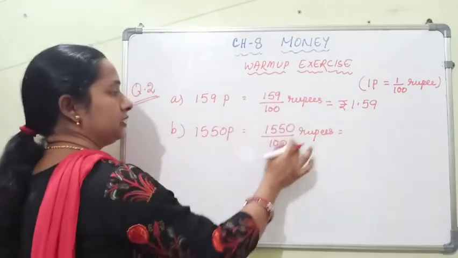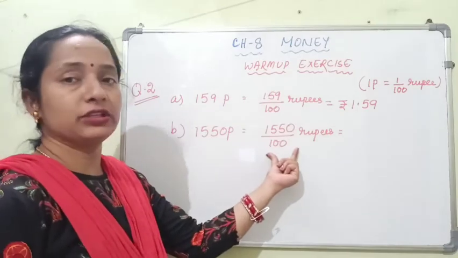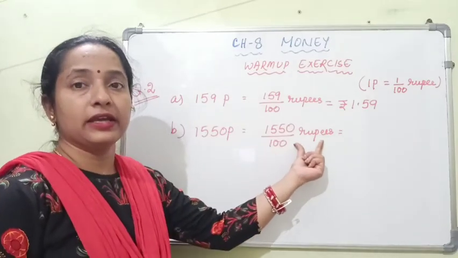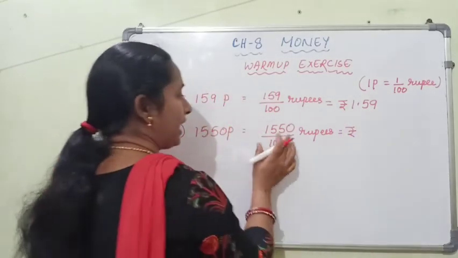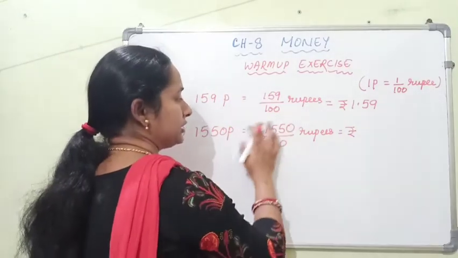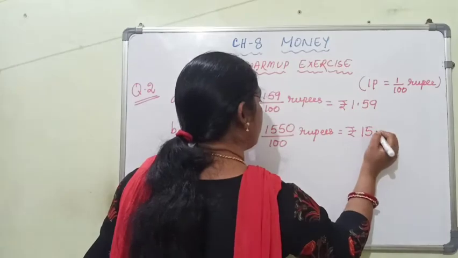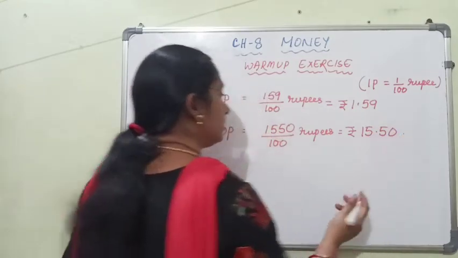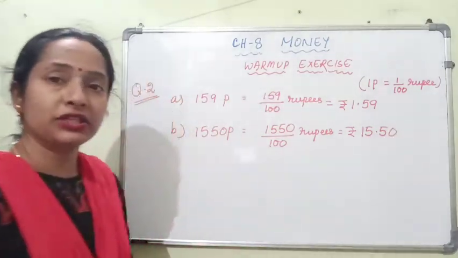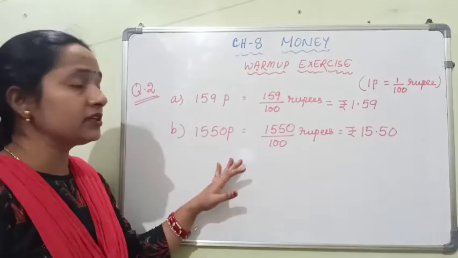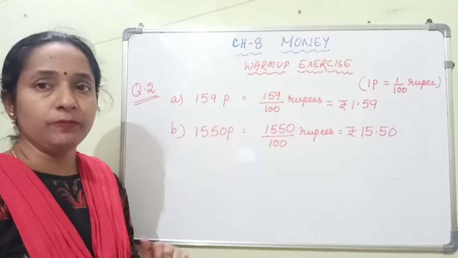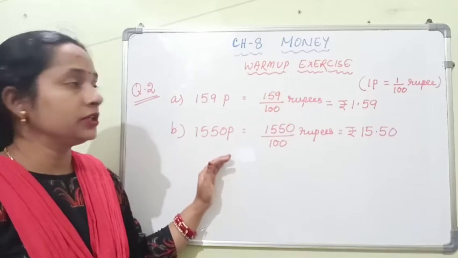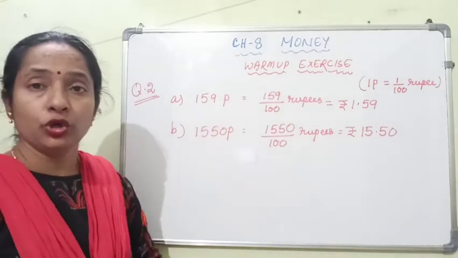Now write this value in the form of decimals and write down the symbol of rupees there. So this is the symbol of rupees, and when you convert this into decimals you get 15.50. So children, can you understand now how decimals are useful here in the concept of money? So this is the way you are going to do the conversion of paise to rupees.